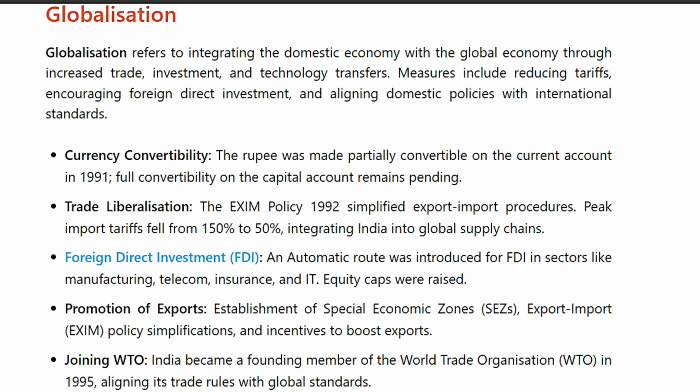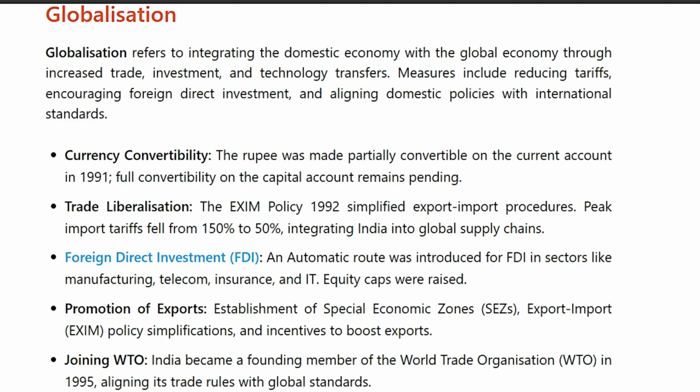Trade liberalization. The EXIM policy 1992 simplified export-import procedures. Peak import tariffs fell from 150% to 50%, integrating India into global supply chains. Foreign direct investment, FDI. An automatic route was introduced for FDI in sectors like manufacturing, telecom, insurance, and IT.